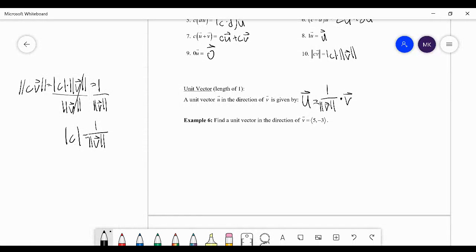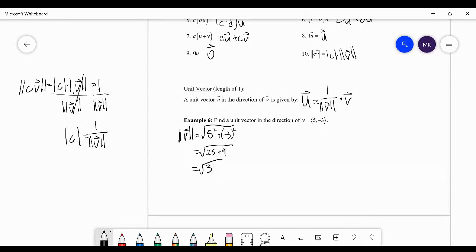So now I want to find a unit vector in the direction of v equaling <5, -3>. What I have to do is find the magnitude of v. That's equal to the square root of 5 squared plus negative 3 squared, which is 25 plus 9, square root of 36.